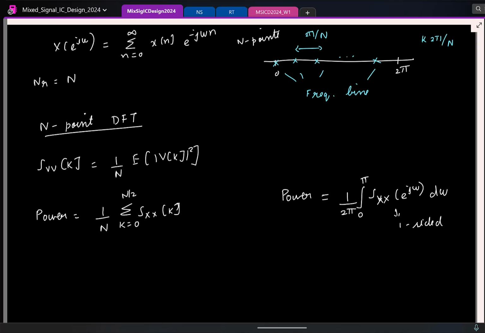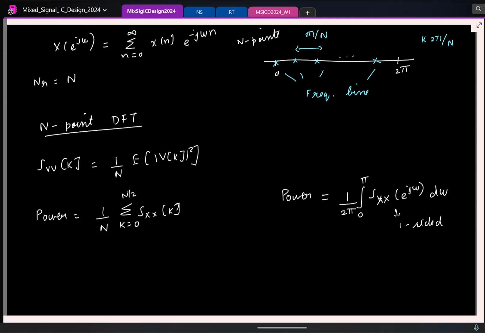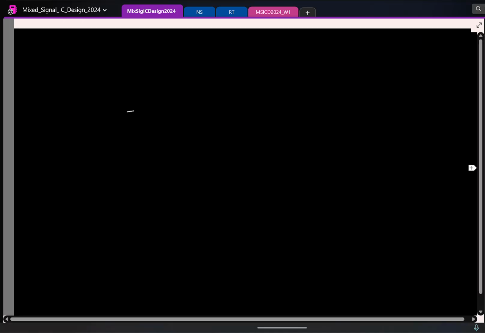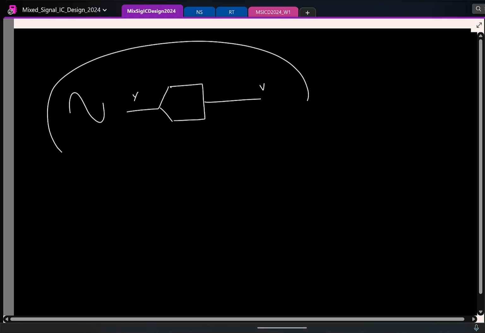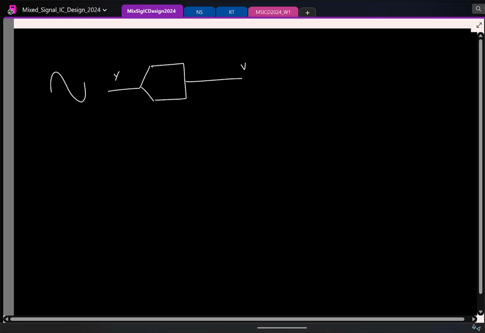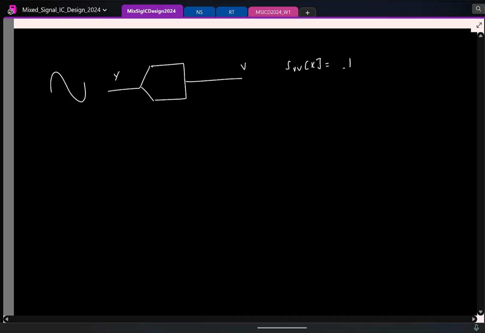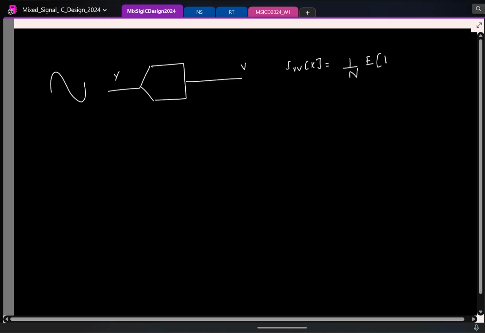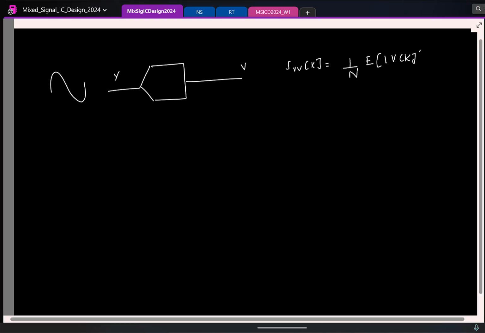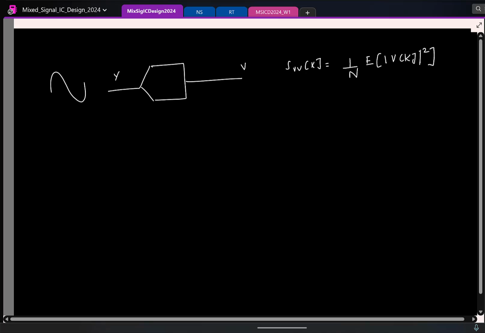Which means now if I go and try to measure the ENOB for my ADC, I do the same thing as before. I feed in a sinusoidal signal with the maximum amplitude, and I get a quantized sinusoid V. You compute the power spectral density using the discrete Fourier transform: 1 by n, expected value of the magnitude squared of the discrete Fourier transform.